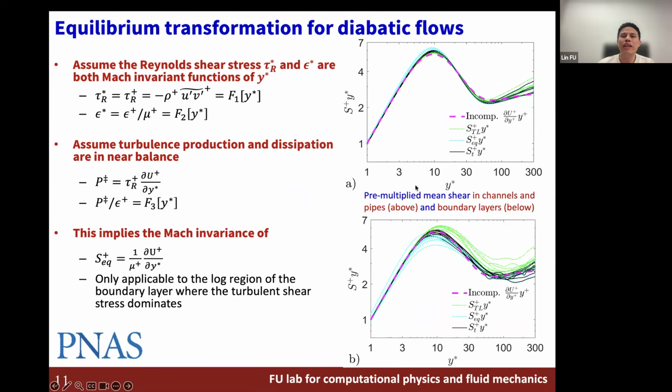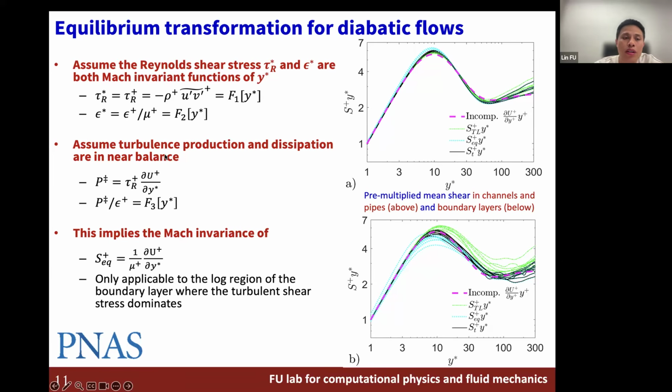So the idea is: can we propose a new velocity transformation for the log regime, and then composite them together? In the paper, we propose this equilibrium transformation for diabatic flow. We assume the Reynolds shear stress and this epsilon star are Mach invariant functions of y star, also semi-local scaling.